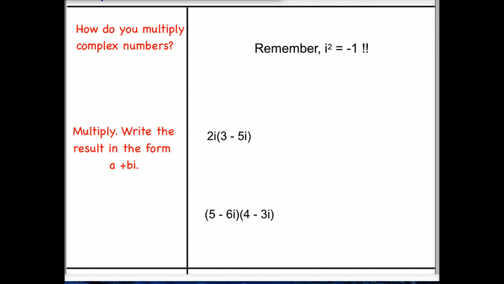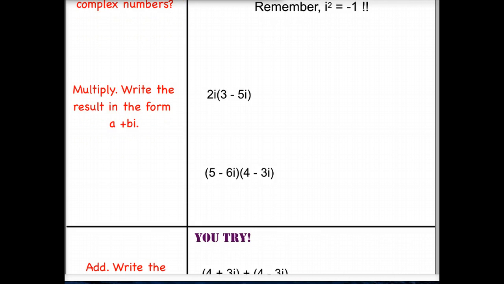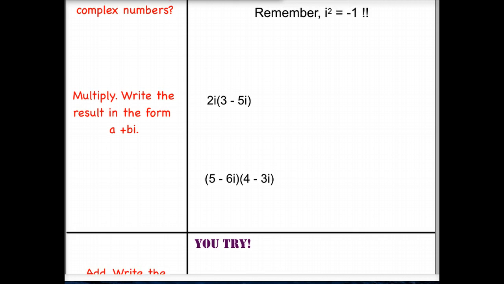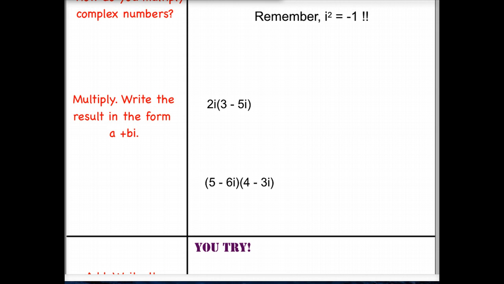So now that we've talked about adding and subtracting complex numbers, I want to talk about multiplying them. So what we do is distribute and combine like terms, and I want you to remember that i squared equals negative 1. So we want to multiply and write the result in the form a plus bi.